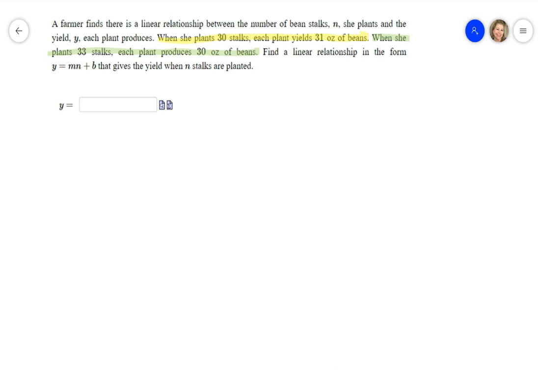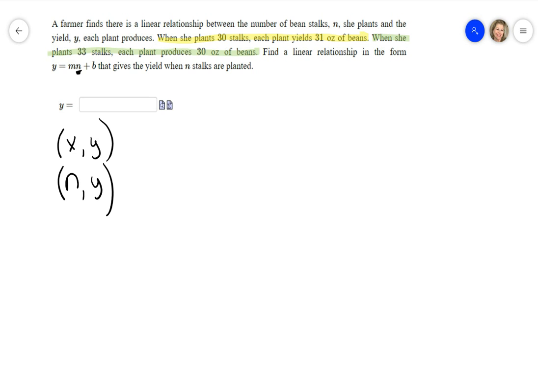Find a linear relationship in the form of Y equals MN plus B that gives the yield when N stalks are planted. So your ordered pairs, which you normally put X and then Y, this is where the N is. That's normally where X is. So it's N and then Y. Okay.